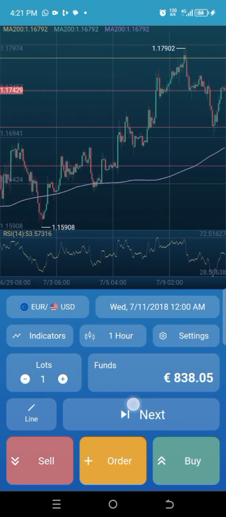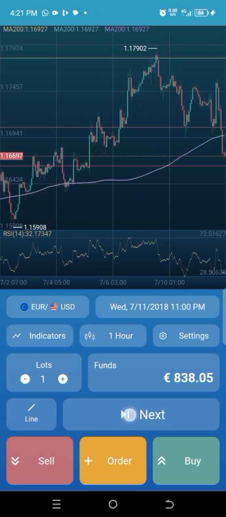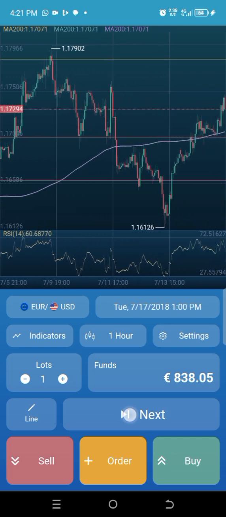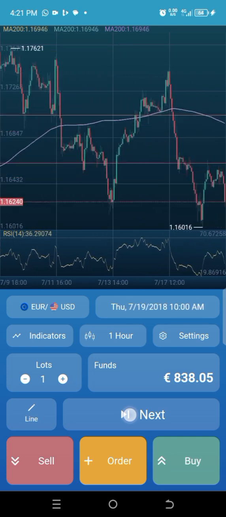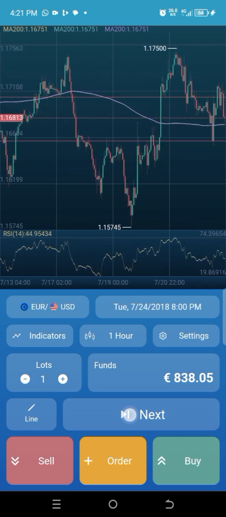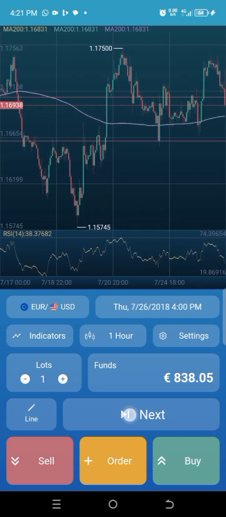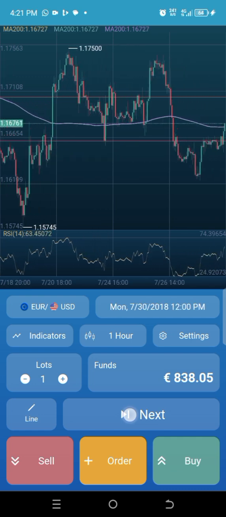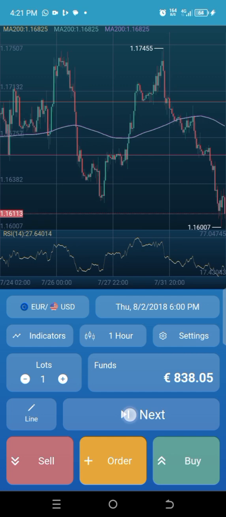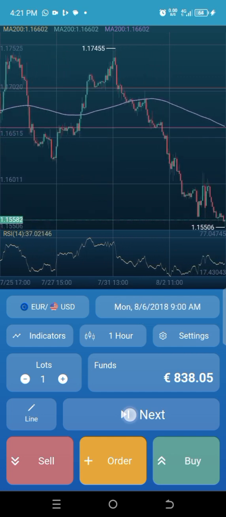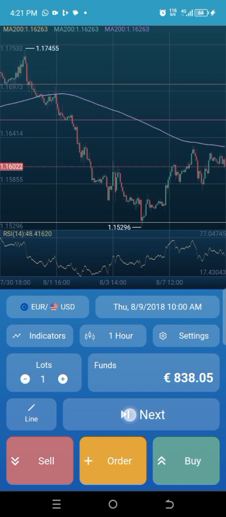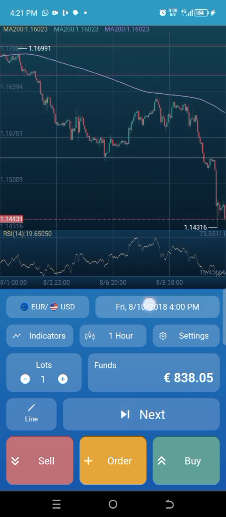Not yet. We're supposed to wait for one more trade. And price looks like it's going down.